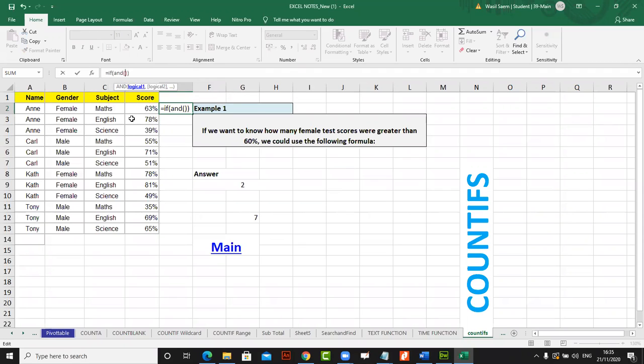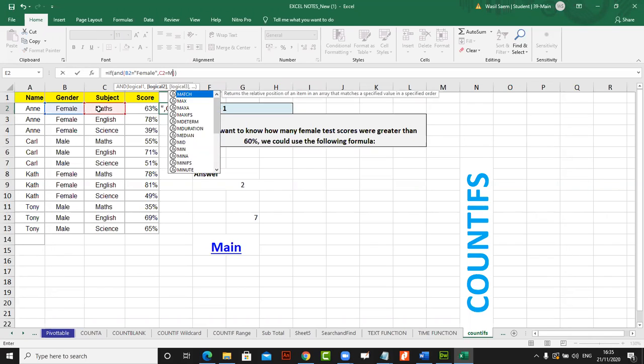I would say IF this is equal to female, comma, and this is equal to maths.